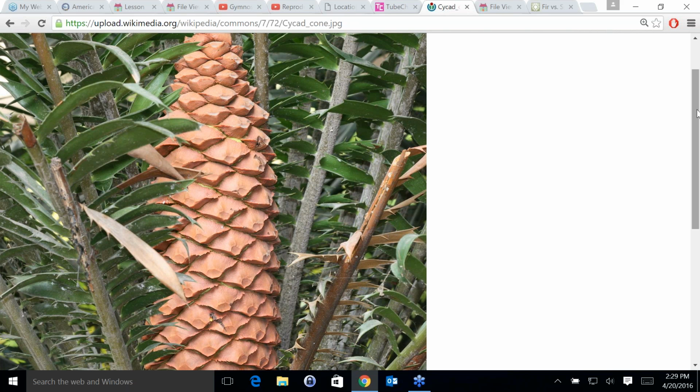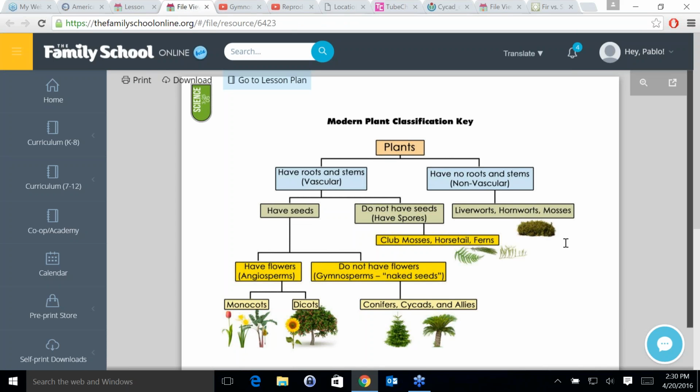And one of the things that is very different here in the gymnosperms from the other plants that we have studied is the following. Do you remember when we were talking about the mosses and the ferns, the reproduction, what was very, very important to have for the sperm to fertilize the egg?